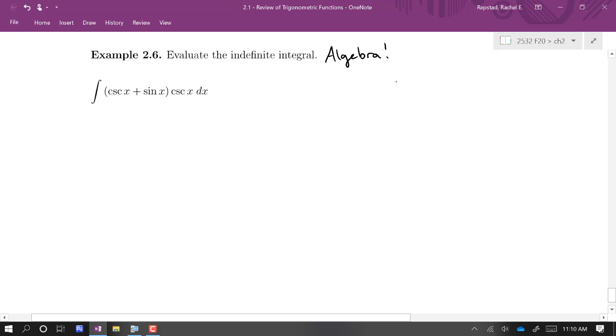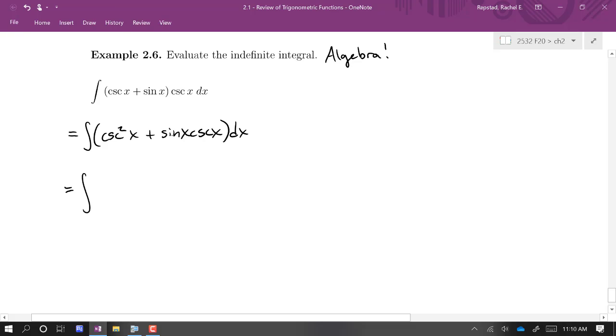And we should always remember algebra is one of the most important tools we have in rewriting an integral, right? When we're doing an integral, we're basically trying to get the integral to reveal its form to us. So I'm going to distribute this factor of cosecant, and then we get cosecant squared x plus sine x cosecant x dx.